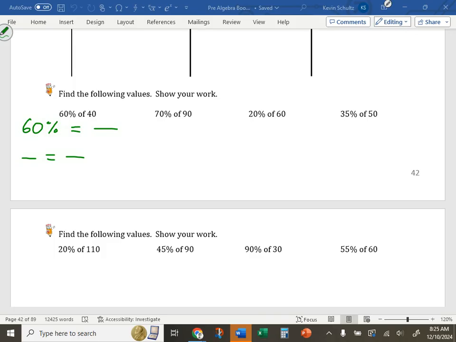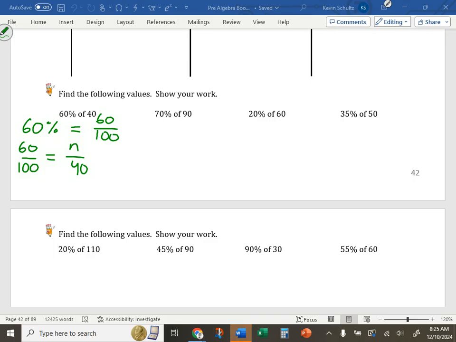So, 60% as a fraction, 60 over 100. That's where we start. Then using that fraction, 60 over 100, we are writing a proportion. 60 over 100, we want to know how many that is out of 40.